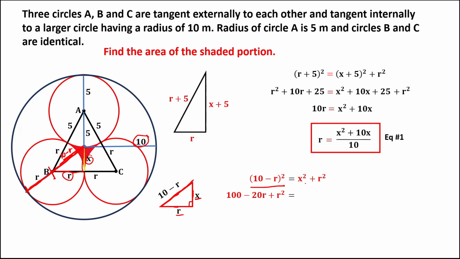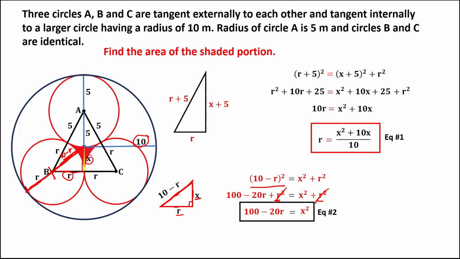Then equals, bring down this x squared plus r squared. Then observe that we have this positive r squared, and on the other side, positive r squared. So this one is equal to 0. So we have now 100 minus 20r equals x squared. And this is now equation number 2.